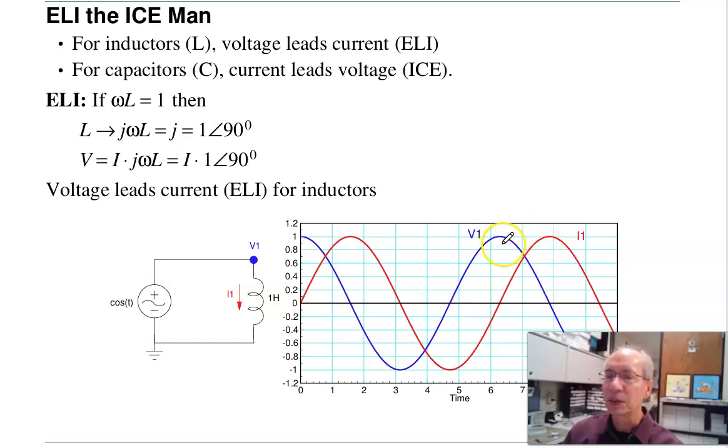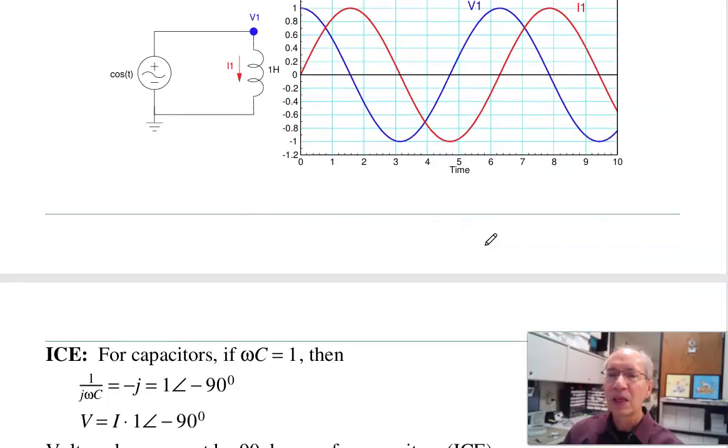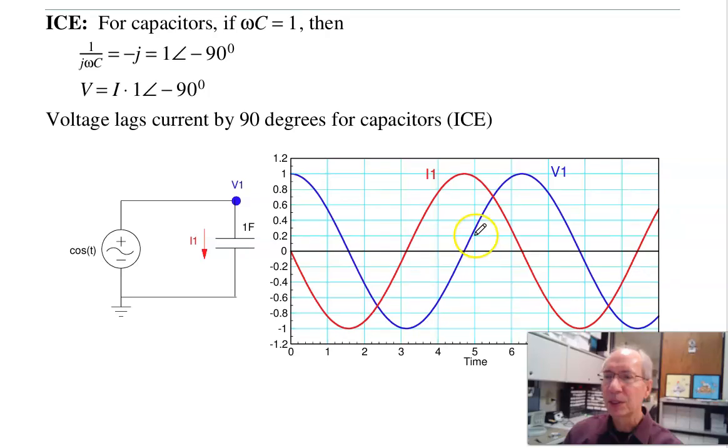That is an inductive load. If I have a capacitive load, plot the voltage and current, you get ICE. Current comes before voltage for capacitors. So if I look on the oscilloscope, I can tell you inductive or capacitive by looking at the voltage and current. If the current comes first, it's a capacitive load. If the voltage comes first, it's an inductive load.